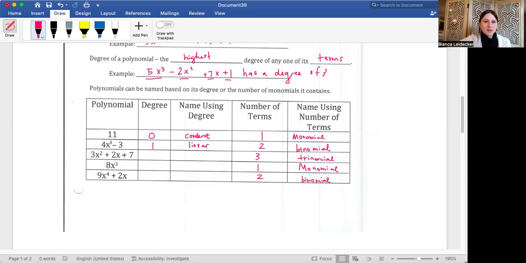Let's take a look at what the degree is for this polynomial. The largest degree that I'm seeing is 2, to the power of 2. And so this is what we call a quadratic.